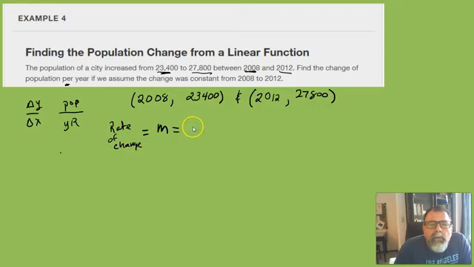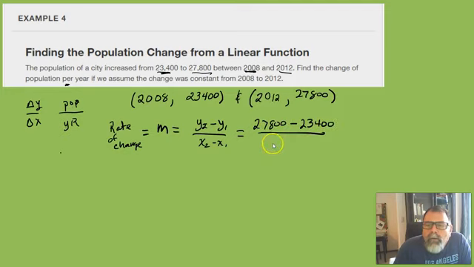So my slope, my rate of change, is slope, which is equal to y2 minus y1 over x2 minus x1. So 27,800 minus 23,400 over 2012 minus 2008.